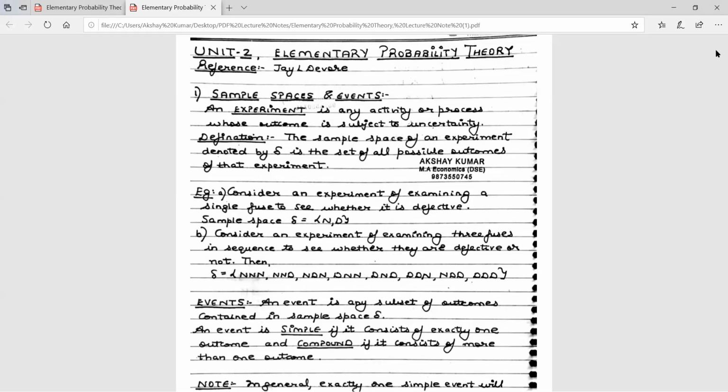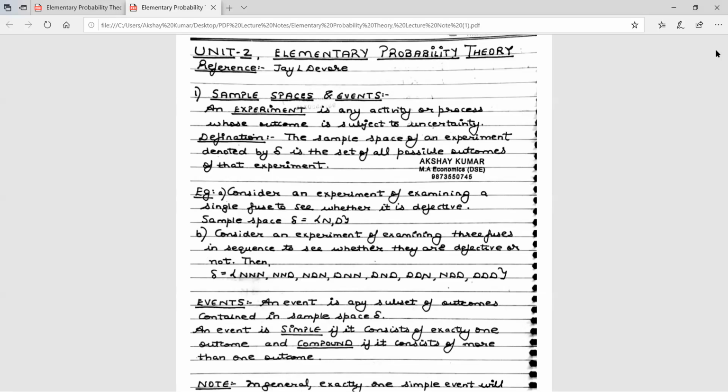Sample space of an experiment, which we denote by delta, is the set of all possible outcomes of that experiment.